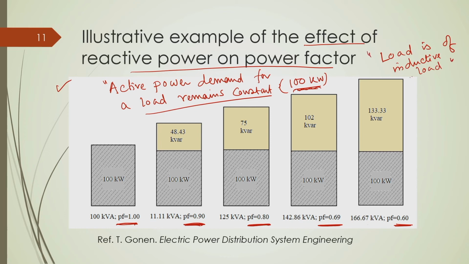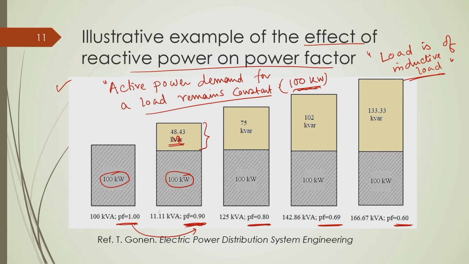So, that is our assumption, which is true practically, as all loads are inductive. If the power factor gets reduced from 1 to 0.9, and we want to keep the active power constant at 100 kilowatt, then you see the reactive power demand of the load increased from 0 to that much kVAR.